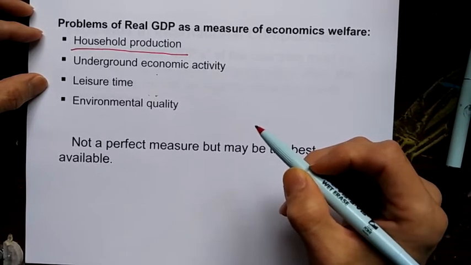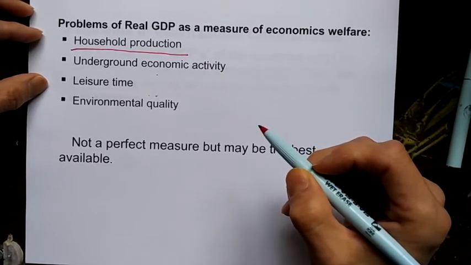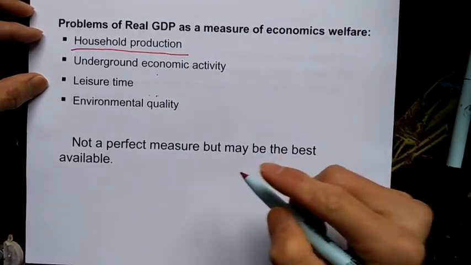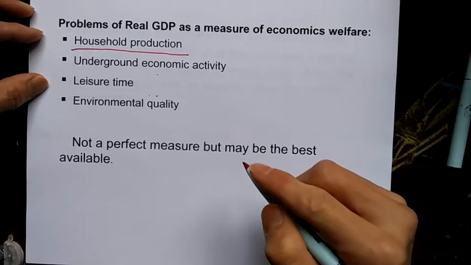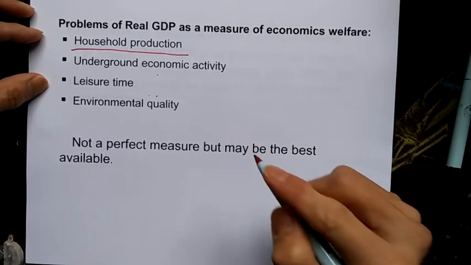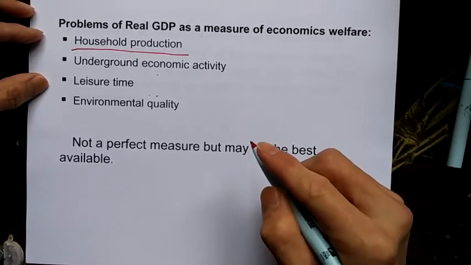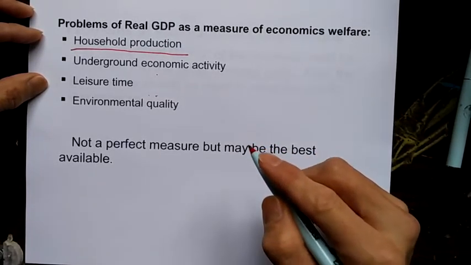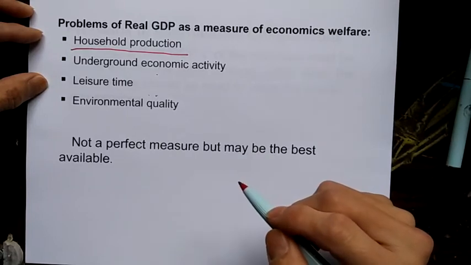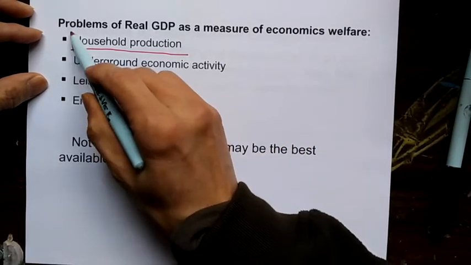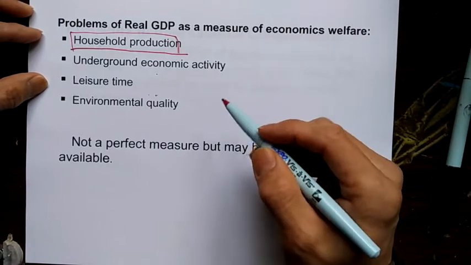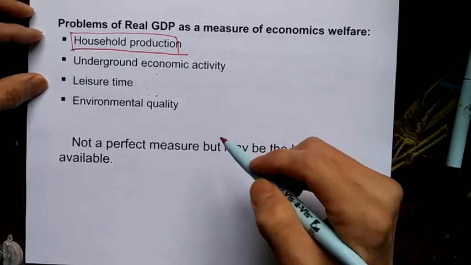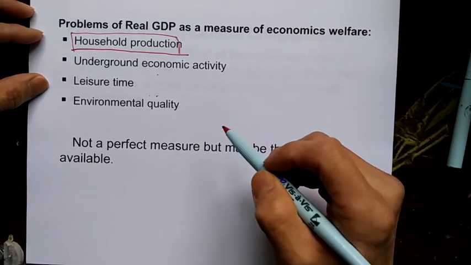So when I'm teaching math to my daughter at home, I am contributing to the economy because I'm accumulating my daughter's human capital. However, my contribution is not included in the calculation of GDP. Therefore, if you take household production into account, GDP undervalues this economy's production.